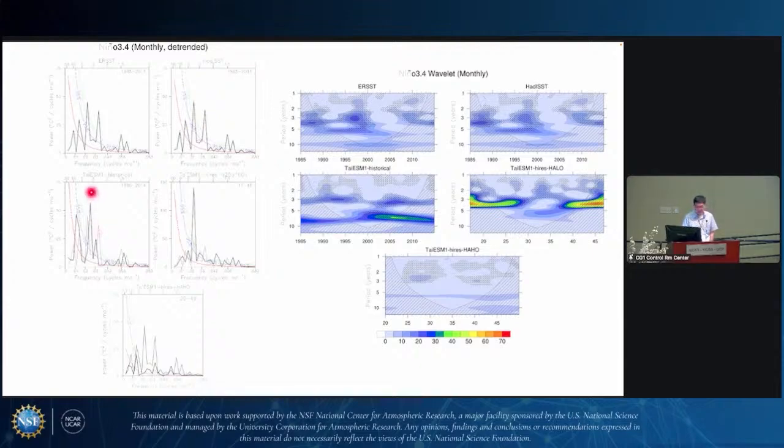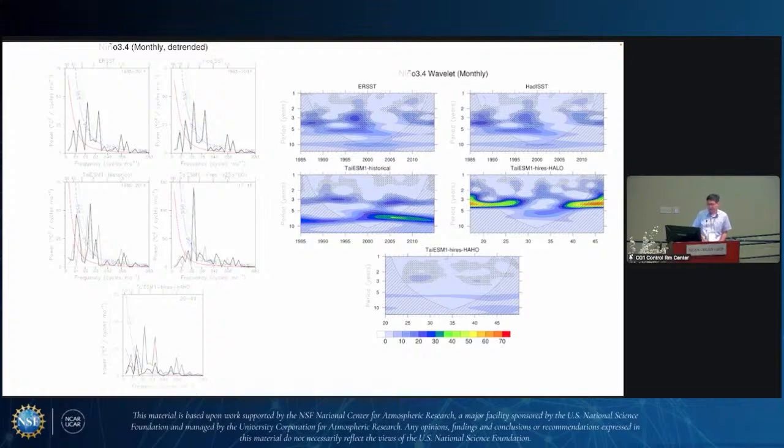However, when changed to high resolution atmosphere, the ENSO variability is way too strong. The vertical scale is different from this one to the others, so you can see this one is very strong. However, in the high resolution ocean model, the variability is very weak, particularly the higher frequency ones, such as the 2-year or 3-year peak, which almost disappear.